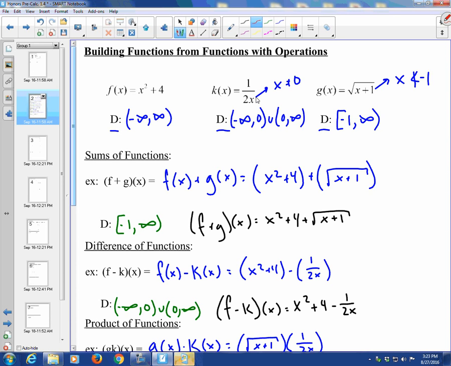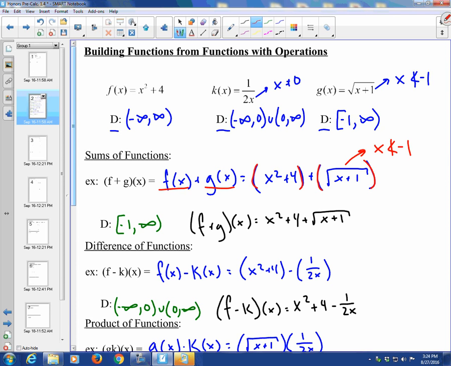So f plus g of x is, of course, the equation defining f of x plus the equation defining g of x. And right here, we've got that x squared plus 4 for our f of x, and then plus our square root of x plus 1 for our g of x. Right here, f of x is not going to give us any restrictions, but our g of x expression, of course, is saying that we cannot have any x value less than negative 1.